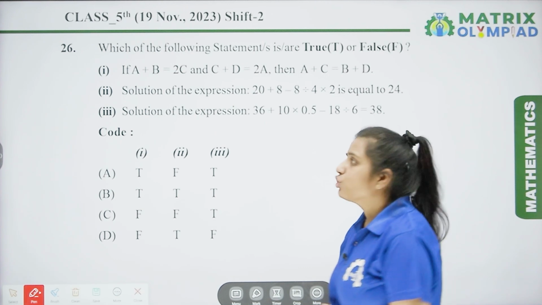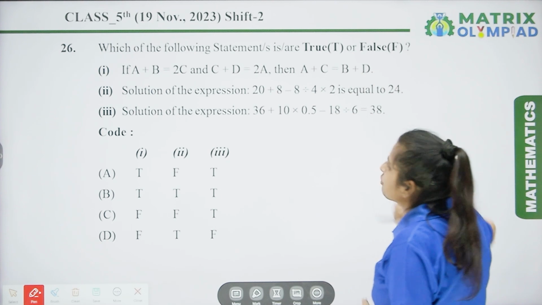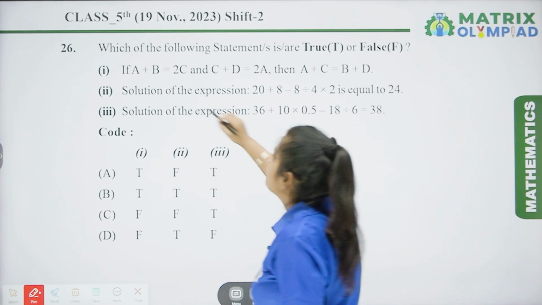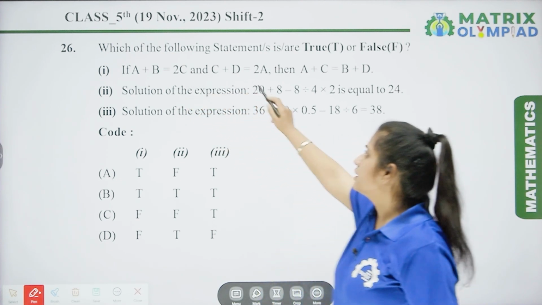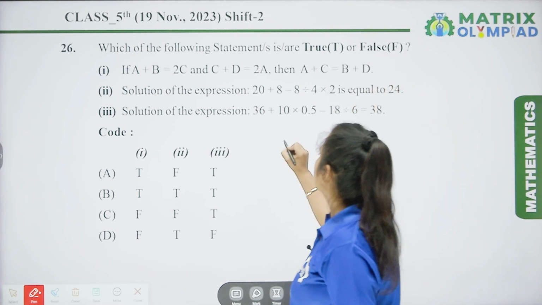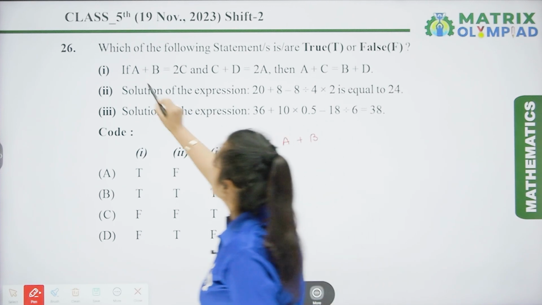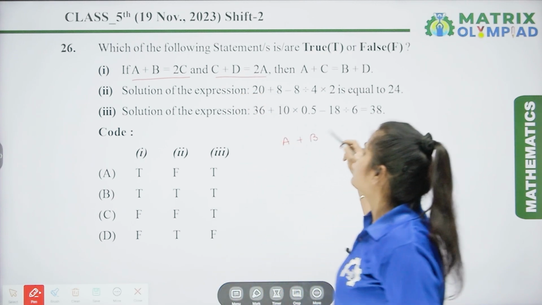Now the next question is question number 26. In this question also we have to find out which statement is true and which statement is false. Let's start with the first one. Here, if A plus B is equal to 2C and C plus D is equal to 2A, then A plus B is equal to B plus D. So let's find out. We are going to add A plus B equal to 2C and C plus D equal to 2A.